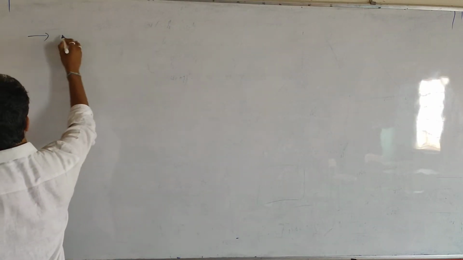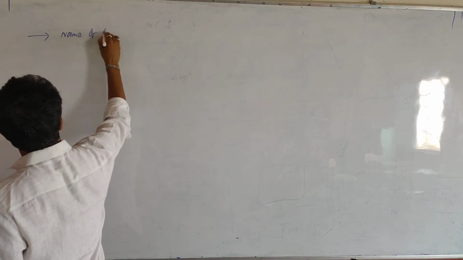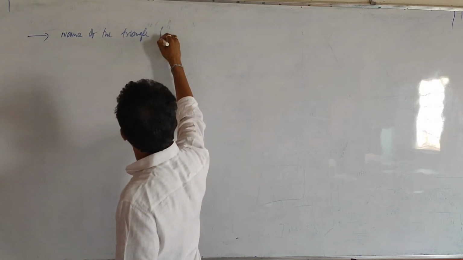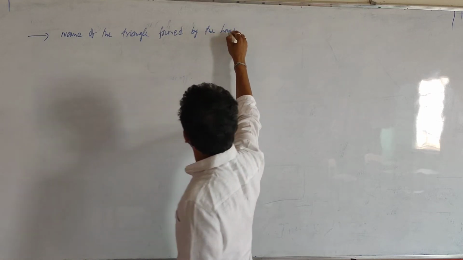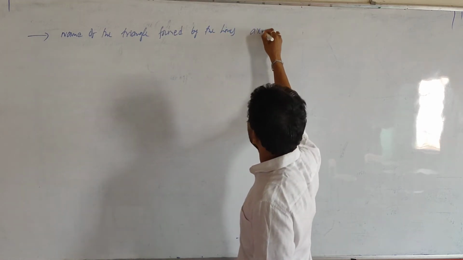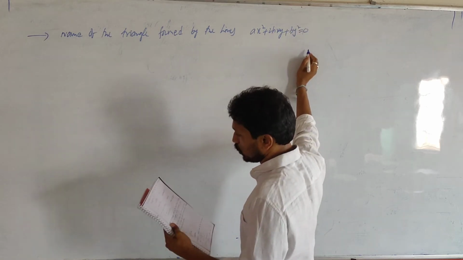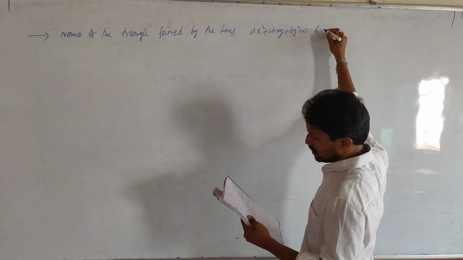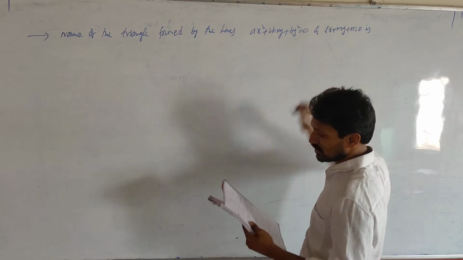Next point is the name of the triangle. Triangle formed by the lines ax square plus 2hxy plus by square is equal to 0 and lx plus my plus n is equal to 0.